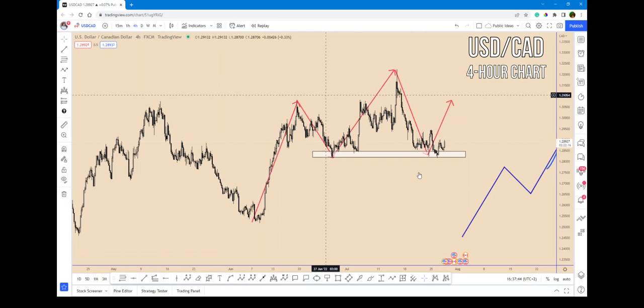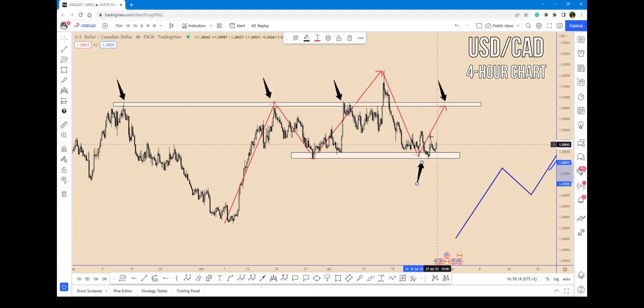Also, as you may know, today is FOMC, so we need to be careful. It is not advised for us to buy right now and to anticipate the movement up and down. What is advised is that we wait for the price to create this bullish movement. We need to see how the price will develop close to this area.